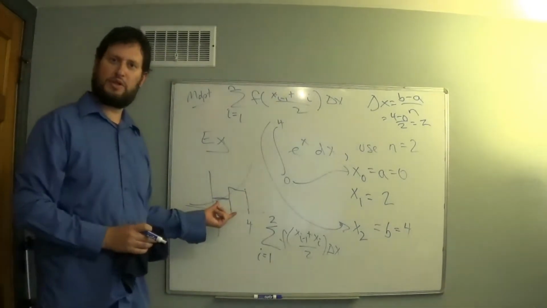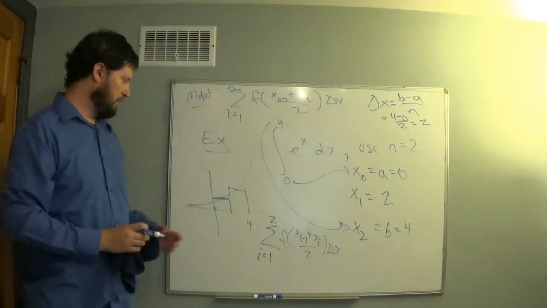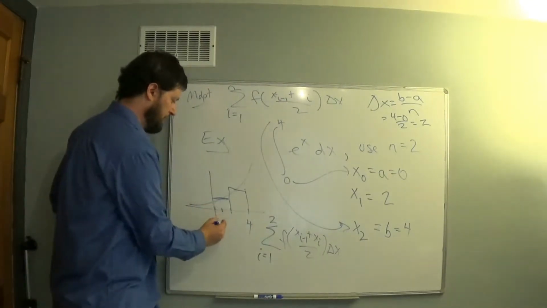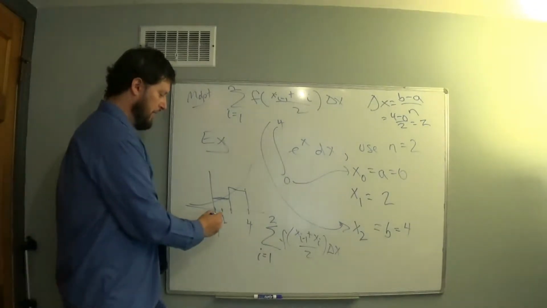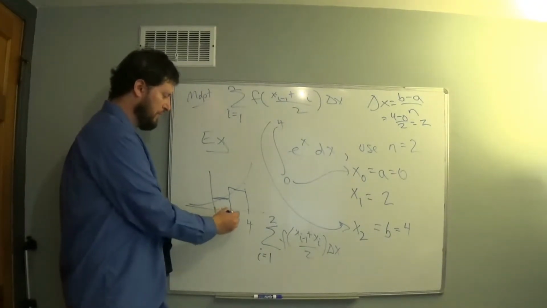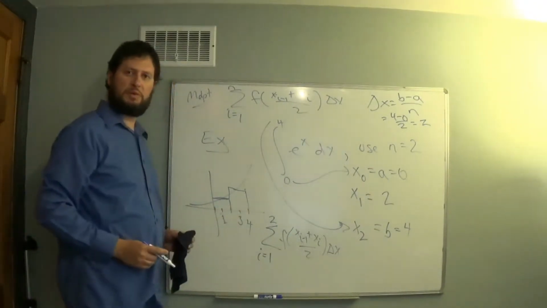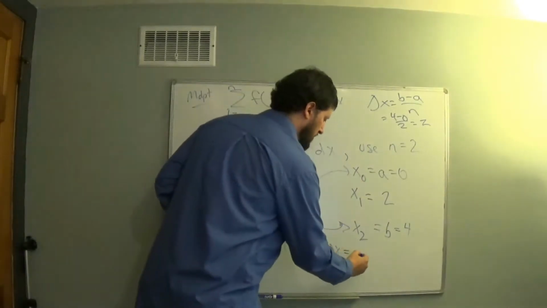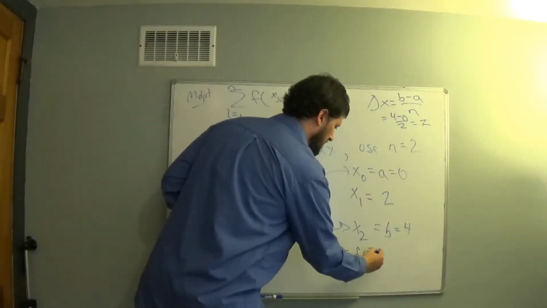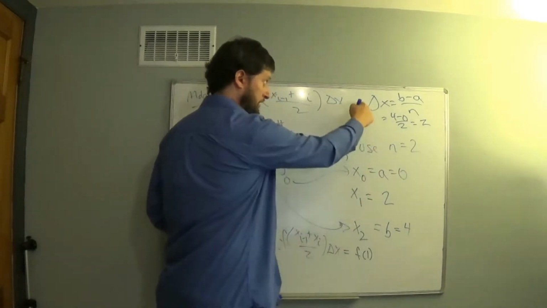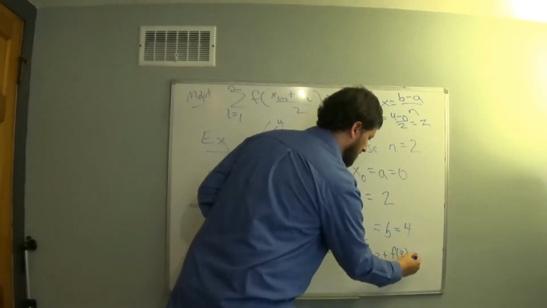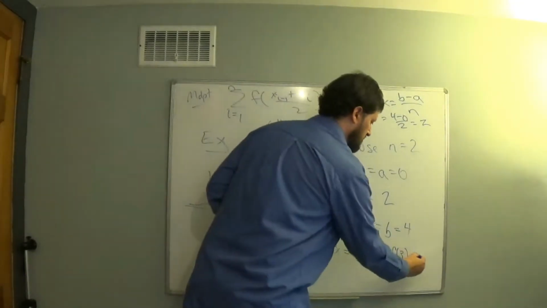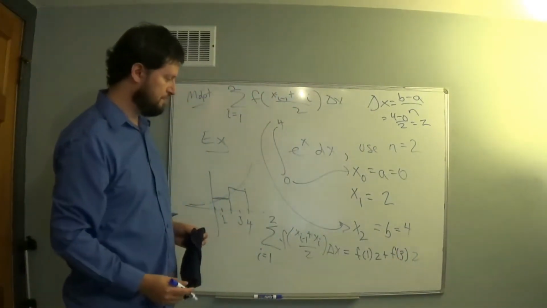Well, we can just look at the picture and see what's really happening here. This is the midpoint of the first one. X equal 1 is the midpoint of the first. 3 is the midpoint of the second. So what I want is f at 1 times delta x, and delta x was 2, plus f at 3 times delta x, which is 2.